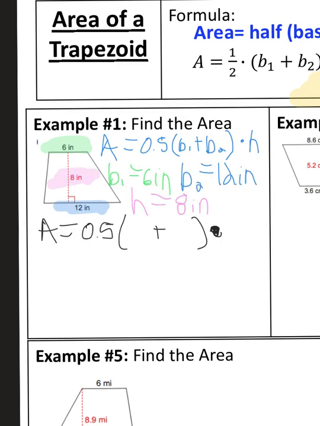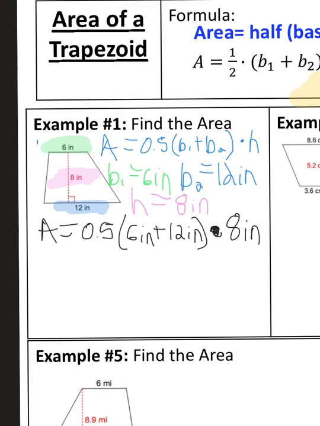Step 3 is to substitute the given values into the formula. So I have 0.5 times base 1, which is 6 inches, base 2, which is 12 inches, and our height, which is 8 inches.